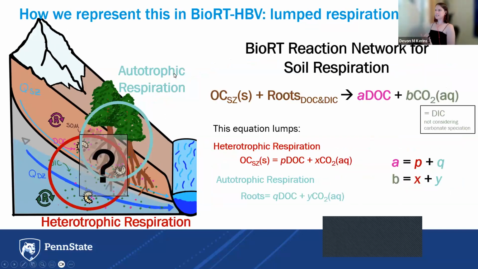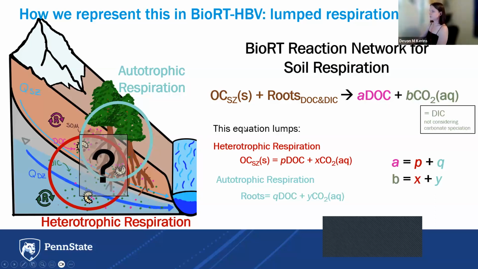However, determining how much DOC or DIC each of these autotrophic and heterotrophic respiration processes is contributing to the levels of dissolved carbon we see in our system is really difficult. It's very site-specific, as well as it takes many specific and thorough measurements that we often don't have in a system. Therefore, we tend to represent this shallow soil respiration as a lumped respiration reaction.